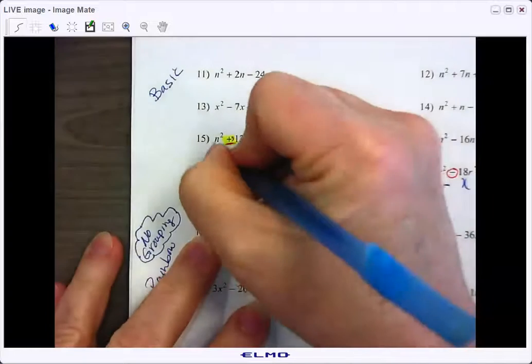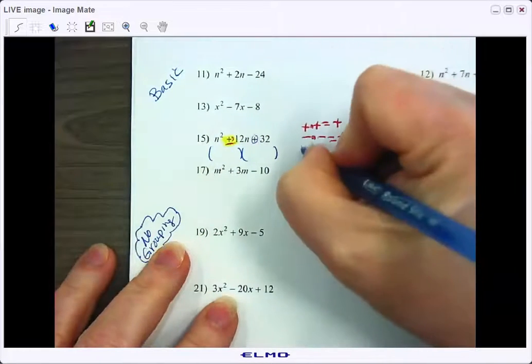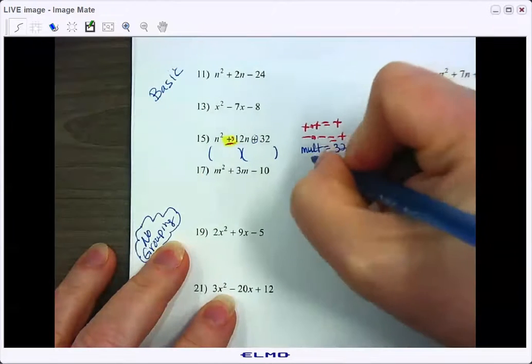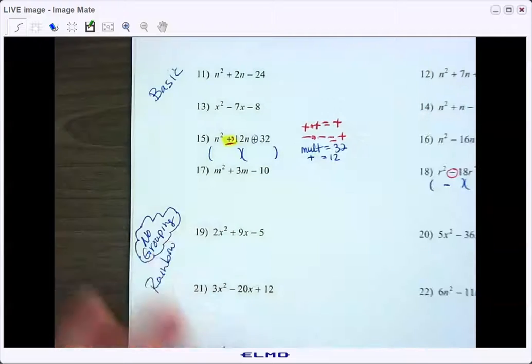Okay, so when I do this one, I want my numbers that multiply to equal 32 and add, because of the plus, to equal 12. So what would those numbers be? Put it in the chat box. What's going to multiply to equal 32 and add to give me 12?